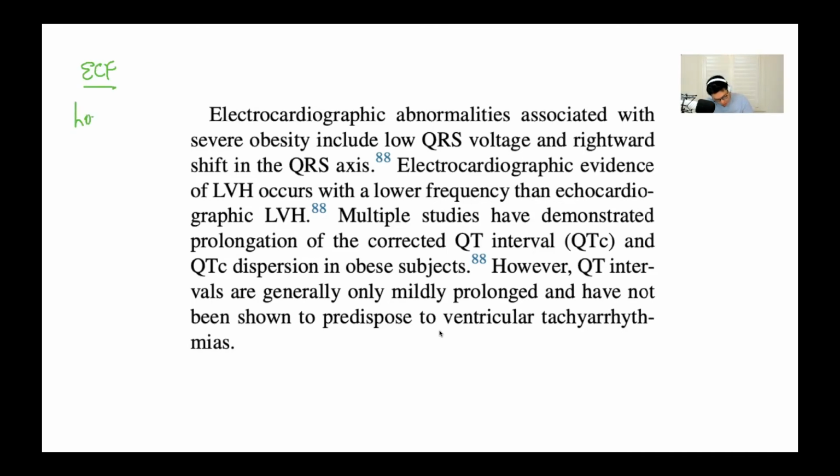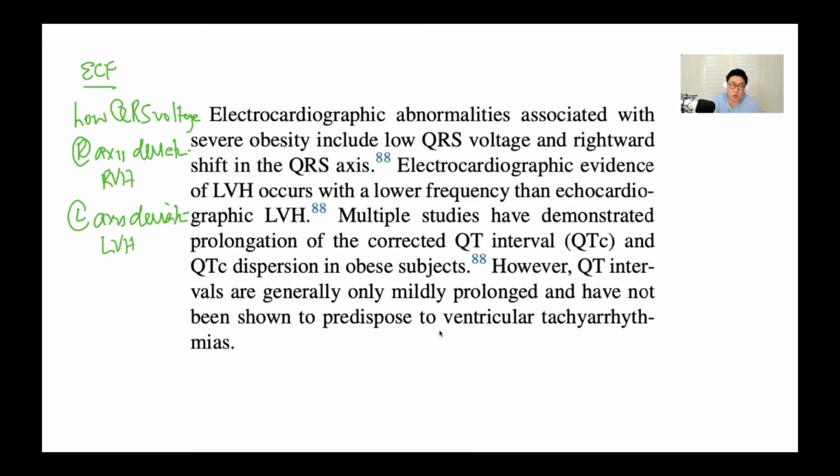So low QRS voltages, right axis deviation, representing right ventricular hypertrophy, left axis deviation, or you don't need to put left axis deviation because there are different ways to define what left ventricular hypertrophy is on an ECG, okay?